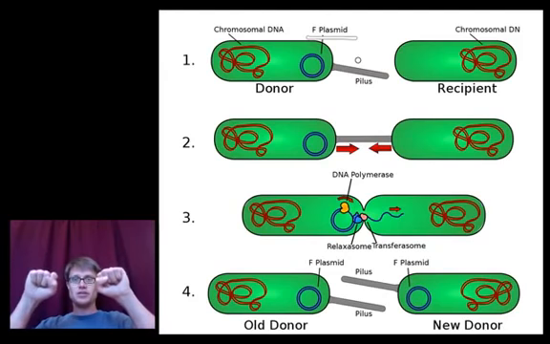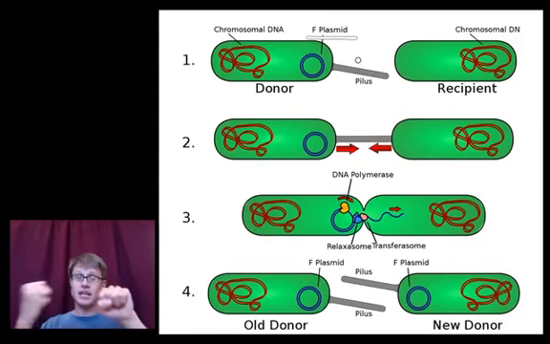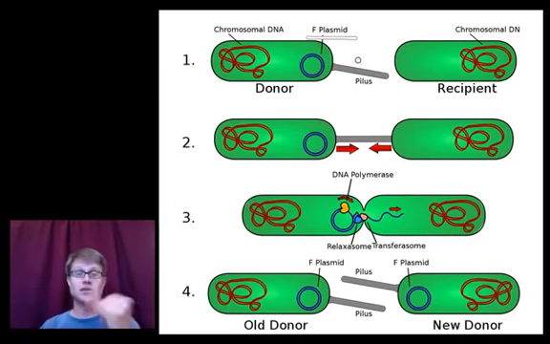Essentially, you have two bacteria. This one has the fertility plasmid. It'll connect to that other bacteria, and it will share some of its DNA. After it's done that, this one now has pili. It has the fertility plasmid, and it can pass that on. Now, this seems a lot like sex, but again, we don't have that meiosis. We're just transferring that DNA, that plasmid, from one to another.